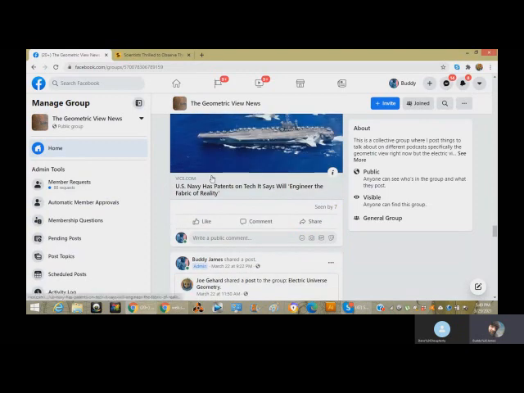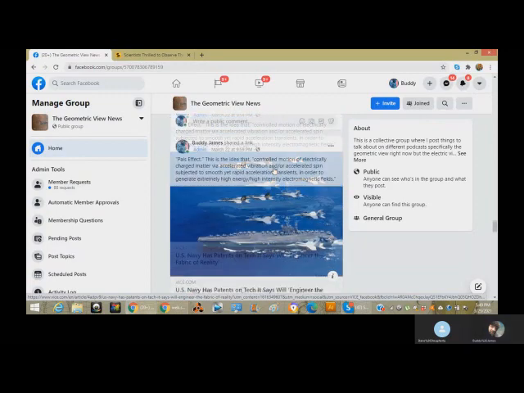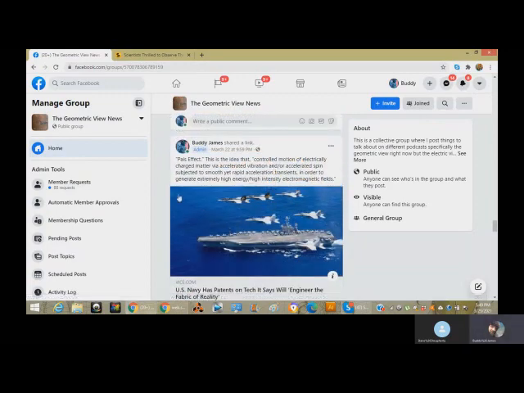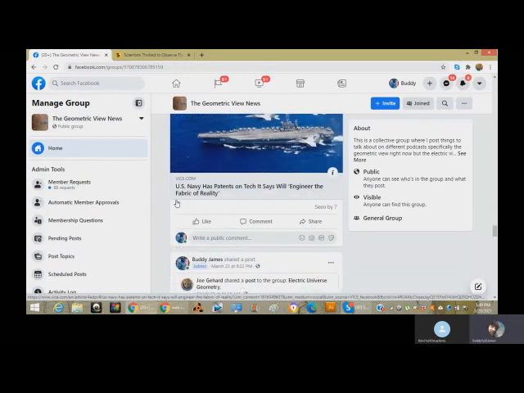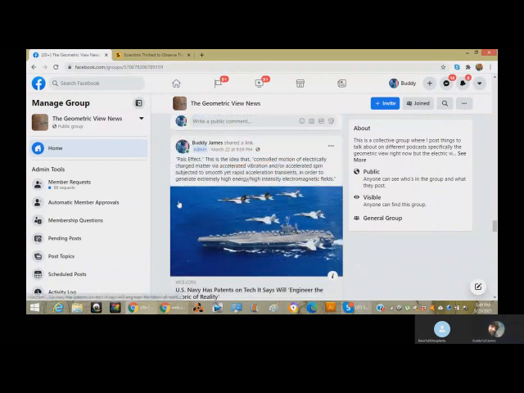U.S. Navy has patents on tech it says will engineer the fabric of reality. Basically, this is the gist of the article of the good information, which is mirroring old information of Victor Schauberger, Walter Russell, and vortex science, and plasma and how you make plasma engines and plasmoids.